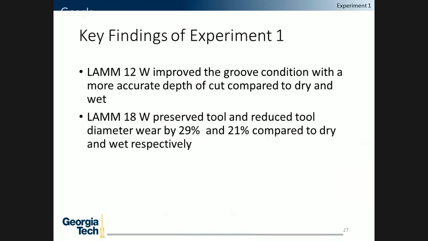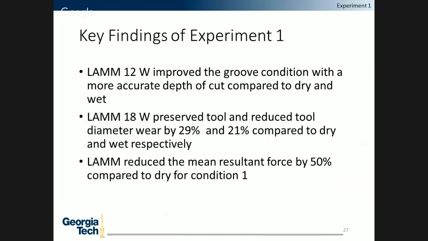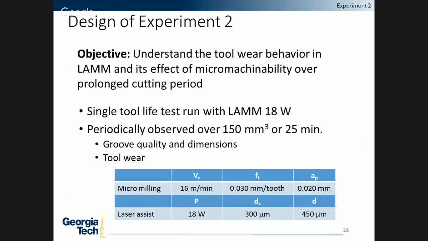In comparison to dry, on average, it reduced the change in diameter by as much as 29% compared to dry, and by as much as 21% compared to wet. So that signifies it's better than conventional wet techniques. LAM reduced the mean resultant cutting force significantly for cutting condition 1; it decreased the resultant force by 50%.